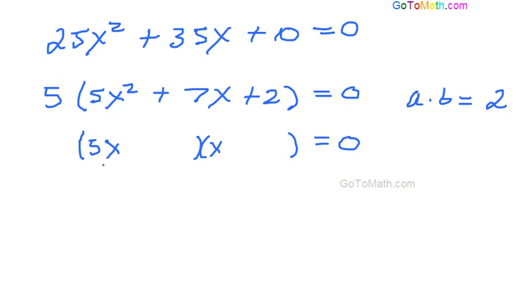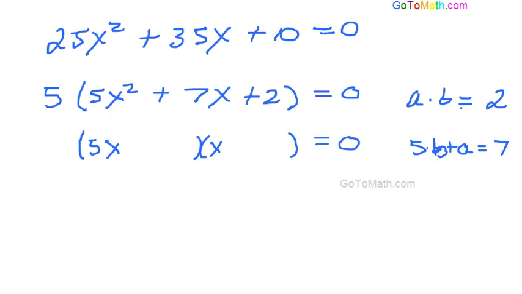And of course this time, because we have this 5 here, we're looking for 5 times, let's call this b, we're looking for 5 times b, and when we add it to a, we get 7, right?